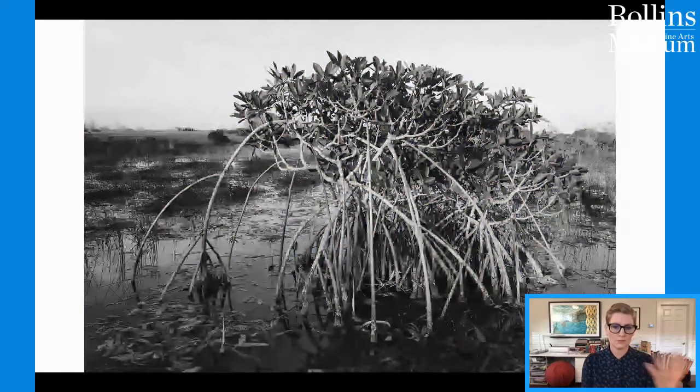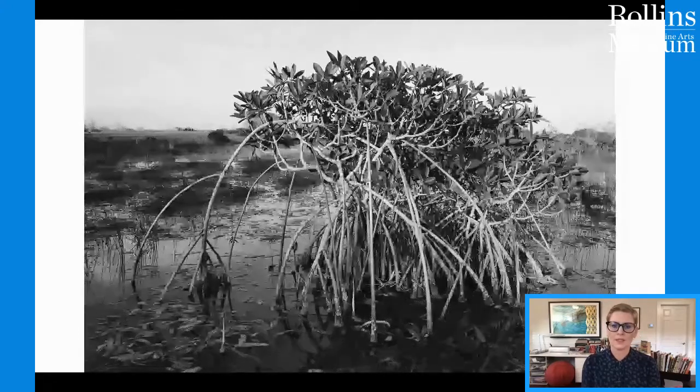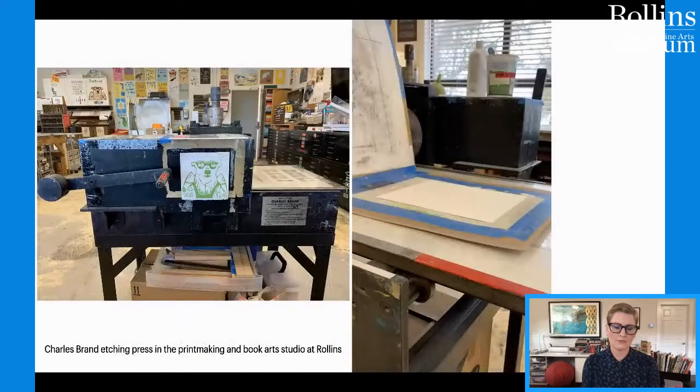Once I get the photograph from Lee, I usually reduce it to black and white, and I'll increase the contrast as needed. Then I make a photocopy, essentially, of that work. And with photocopies, you can do something called a transfer. And you just use a regular household solvent like acetone, which takes your nail polish off.